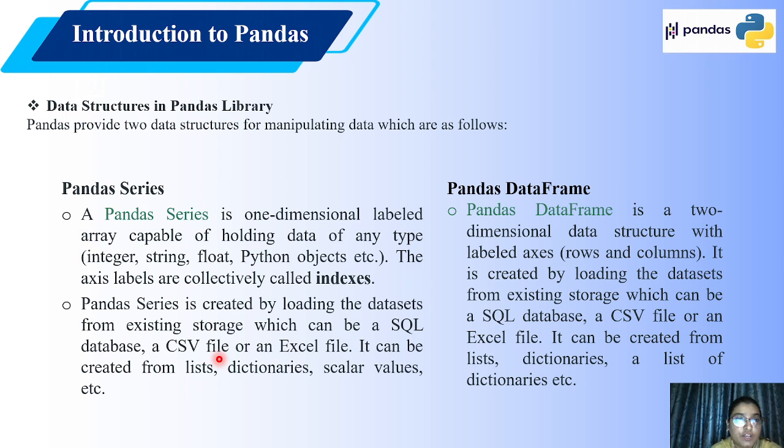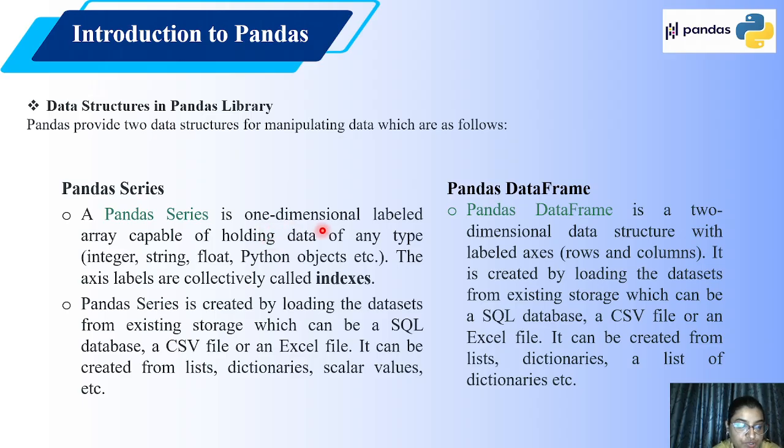Okay, so moving further, data structures in the pandas library. It provides two data structures for manipulating data. First is series. Series, just think of it like a single column in Excel or a list with labels.